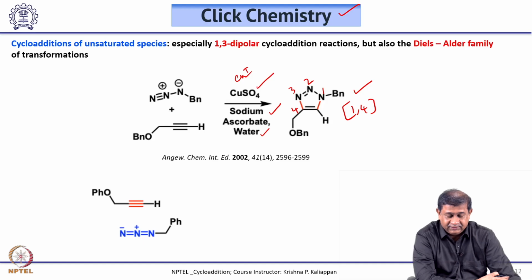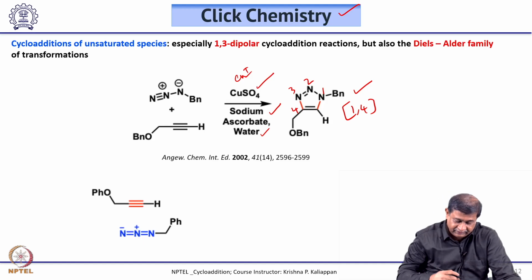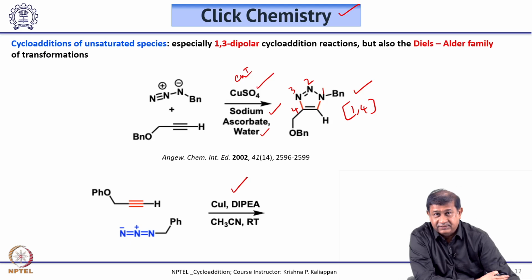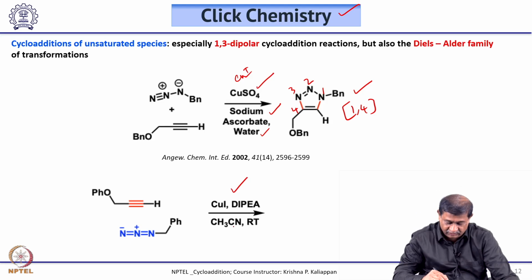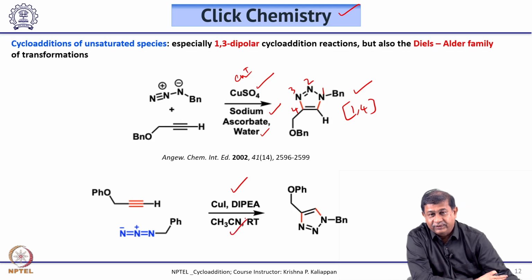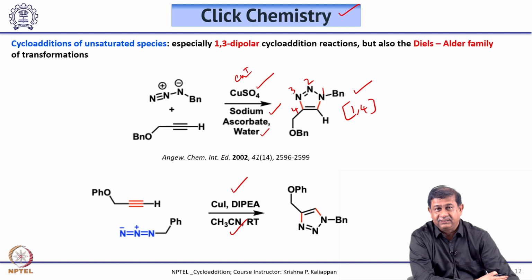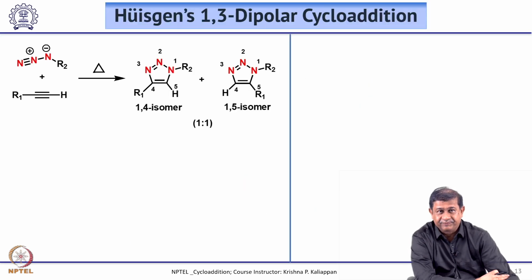And if you take this example, and again if you use copper 1 directly in the presence of diisopropylethylamine and solvents like acetonitrile, you can get again 1,4 adduct exclusively. So, that is the beauty of this click chemistry, where copper plays a very important role in bringing this dipole and dipolarophile together, and this dipolar cycloaddition happens.